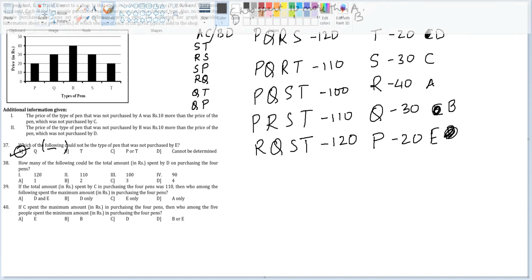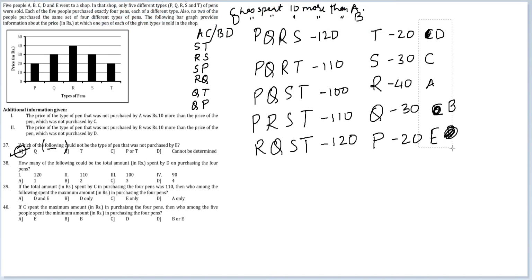Okay, before moving on to the next question, I am removing this working from here because this was only valid for the first question. The second question talks of how many of the following could be the total amount spent by D on purchasing the 4 pens. D has spent 10 more than B. So D here, B here works.